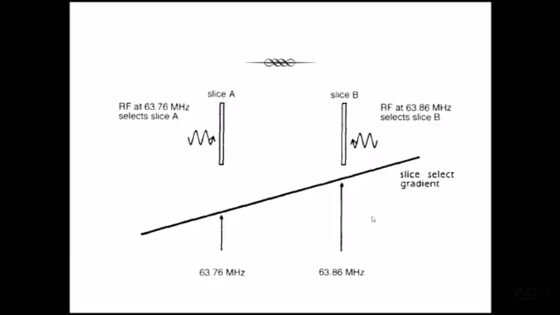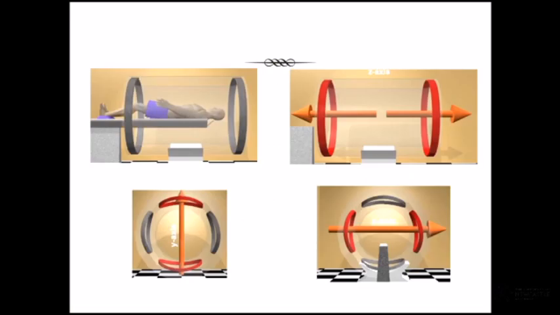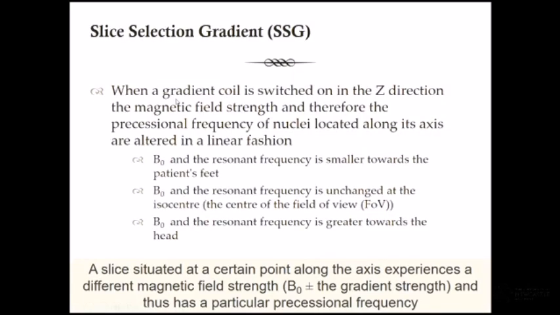Okay, so if we think of this as sort of being a negative and this being a positive, it's smaller here and larger here if our ISO centre is through the middle there. Just think about that example of the umbilicus. Yep, so we've now changed it in a known fashion. So a slice situated at a certain point along the axis experiences a different magnetic field strength.